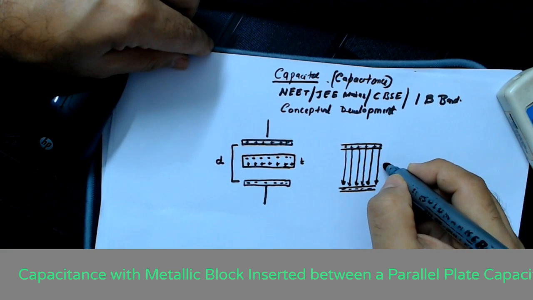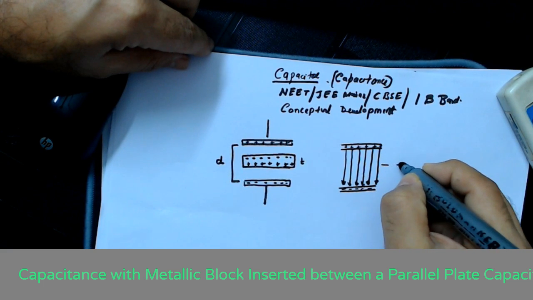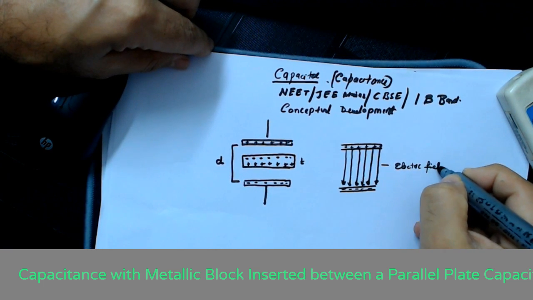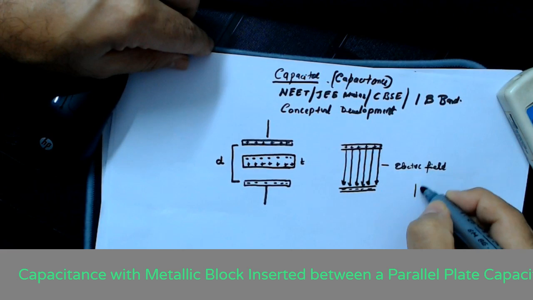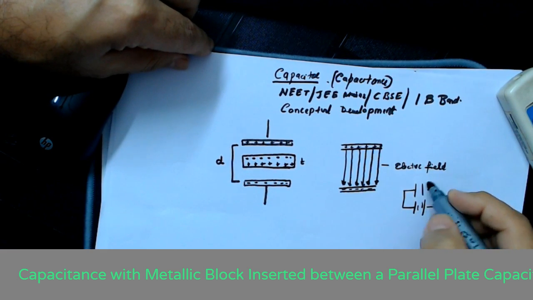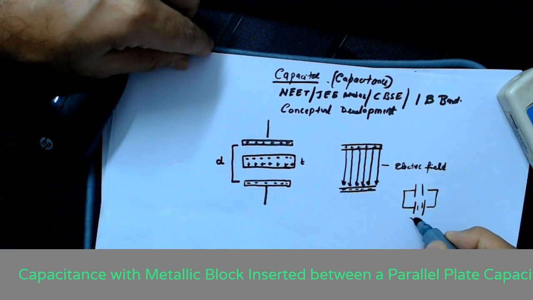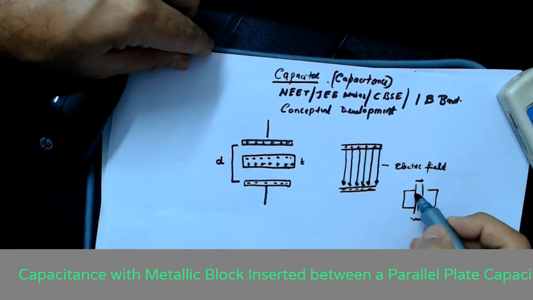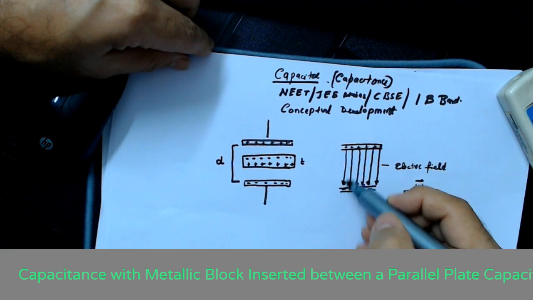So all the energy appears in the form of electric field. This is a very important concept to understand: when you charge a capacitor using a battery, essentially all the work done by the battery appears in the form of electric field between the capacitor plates. So this is the electric field being represented.